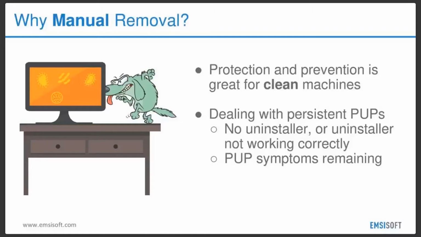Just like last time, prevention and cure are absolutely necessary, but at the same time, if you are in front of a computer that is so riddled with PUPs, it can barely run a program anymore, and let's not even start about attempting to install an antivirus at that point, you really are interested in only one thing, and that is how to get rid of all the PUPs first. Manual removal of PUP components can become necessary if, for example, PUP uninstallers don't exist or don't work properly or remnants are left.